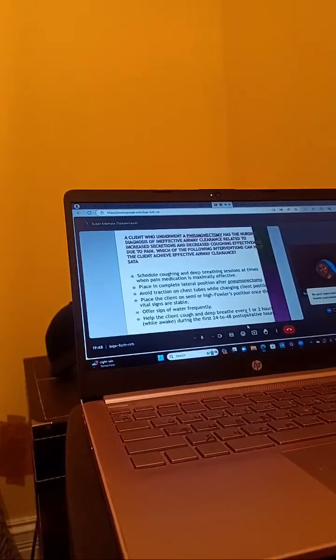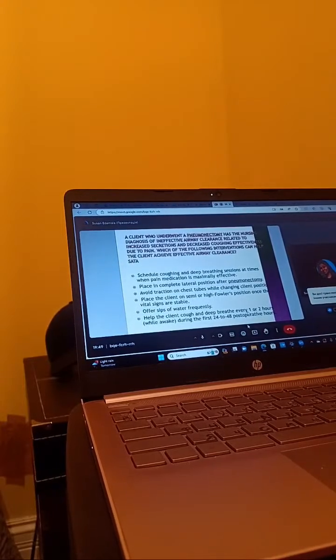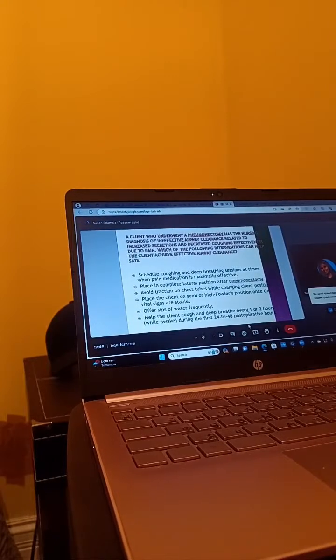So it will help. It's good. Yes, it's good. Help the client cough and deep breathe every 1 or 2 hours while awake during the first 24 to 48 postoperative hours. Will that help to cough? Yes.